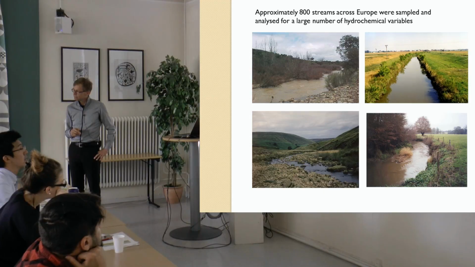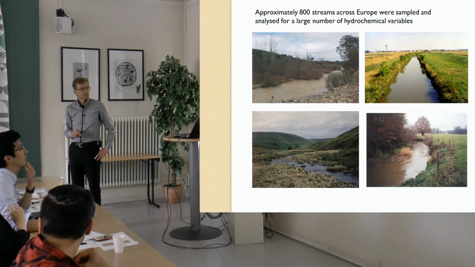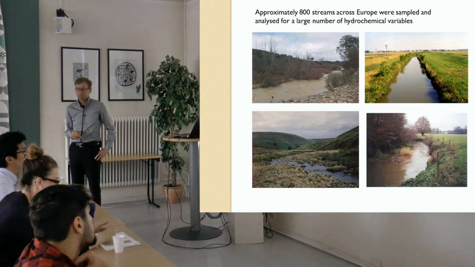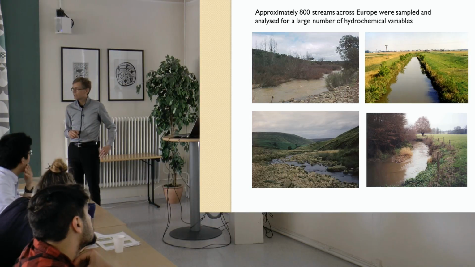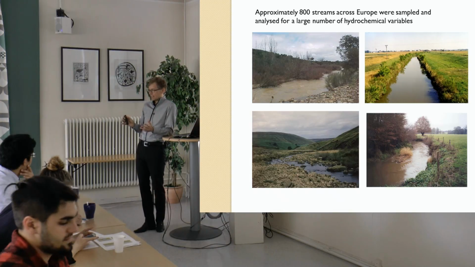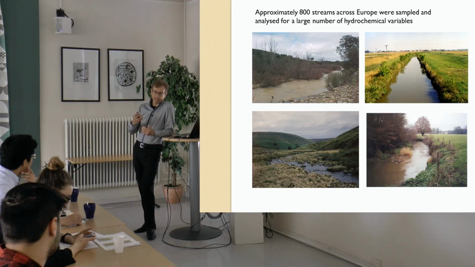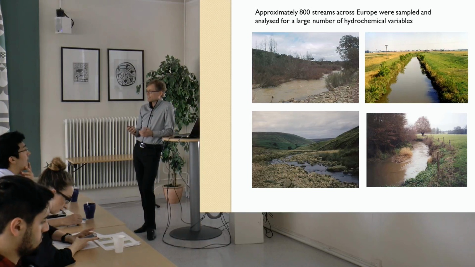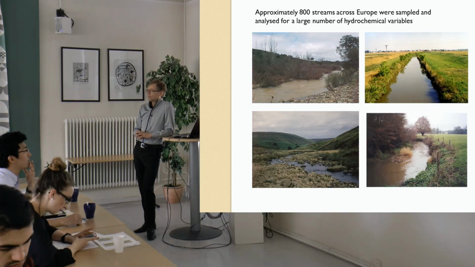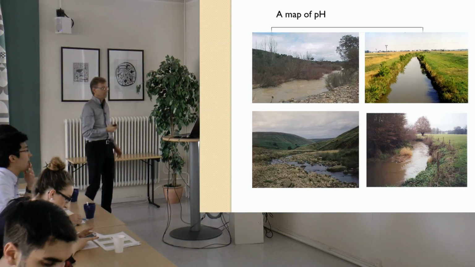Of course there are 796 more, but these are examples. Quite small streams, of course, that run through farmlands, hilly, mountainous areas, and forests, so distributed throughout Europe. And these were, as I said, sampled once and analyzed. And of course one can come back later in the future and sample these same streams again and see if something has happened when it comes to the chemistry of these surface waters.